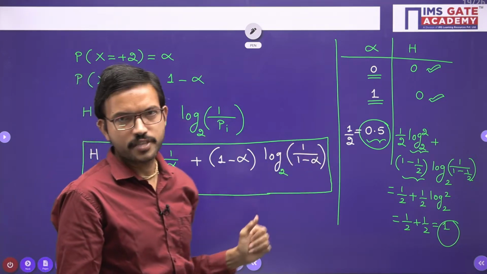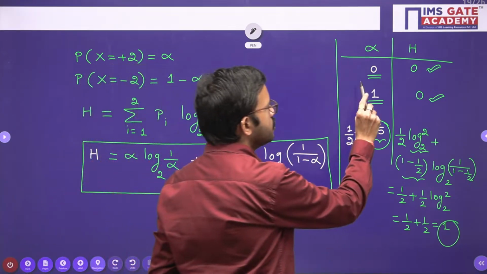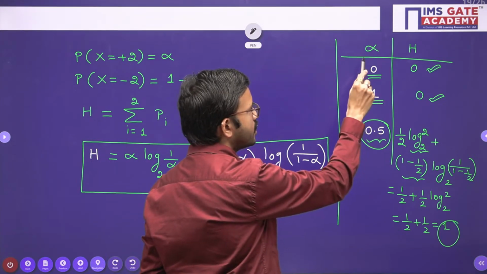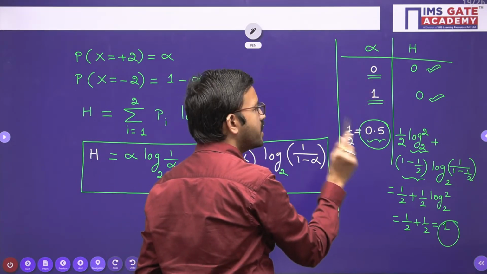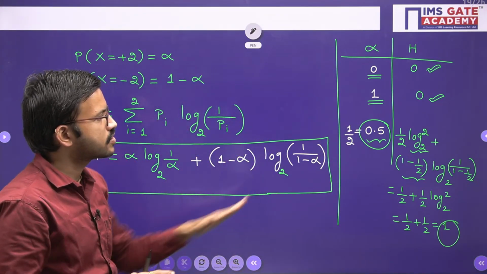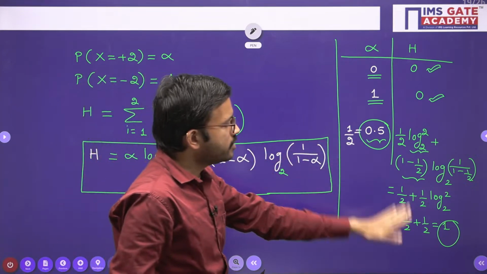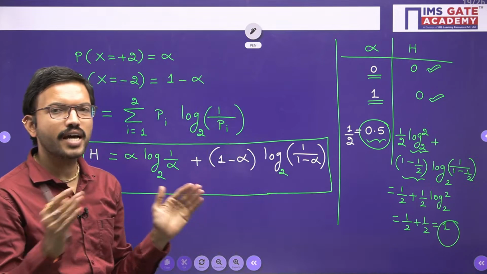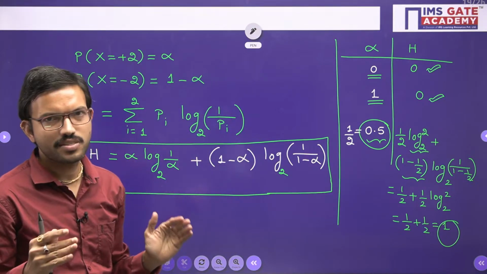Here you will get only at 0.5. For alpha equal to 0.5, at only that particular value, you will get the maximum entropy. When compared to that 1, in other values of alpha, you will get less only, right?